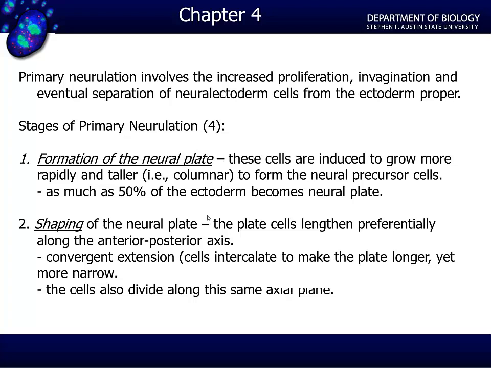Now, we can have a process where we have convergent extension. And so what's going to happen is these cells are going to intercalate. They're going to interdigitate themselves together, overlap, in other words. And as they overlap, they're going to make the plate longer with this preferential anterior-posterior axis elongation, yet they're going to become more narrow. And that's going to assist in pulling these cells toward the middle, and it's going to assist in creating this depression that we're going to see as the neural groove.